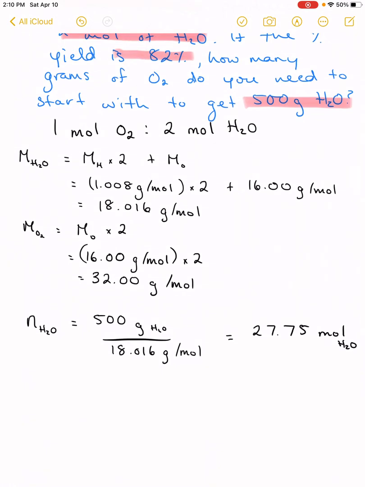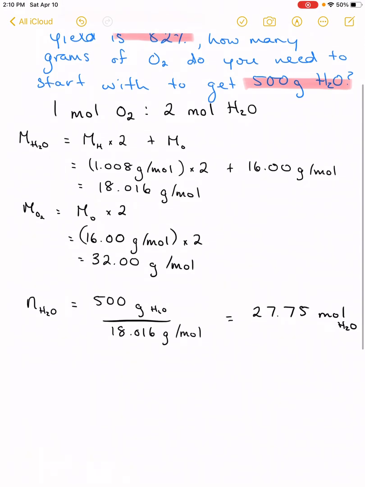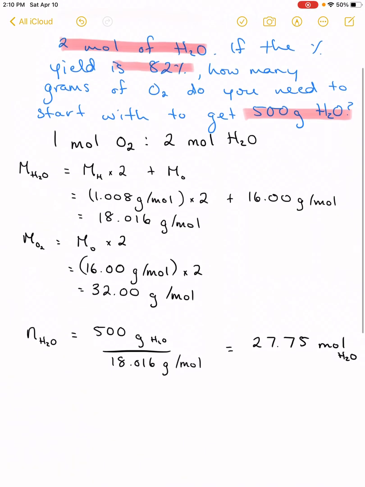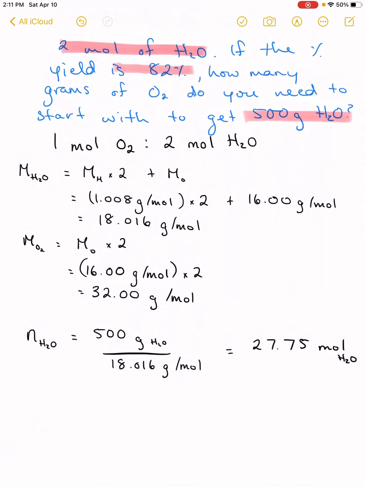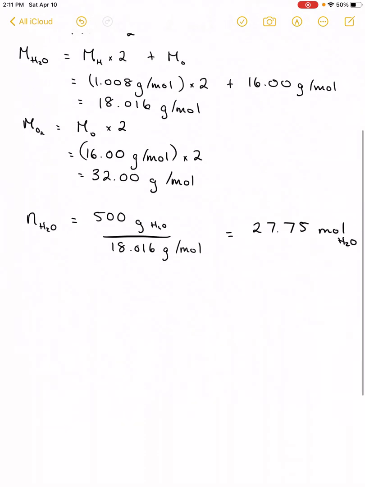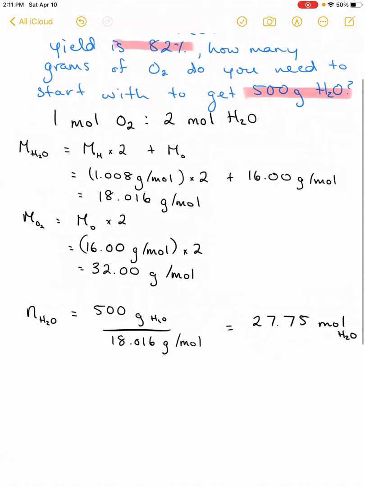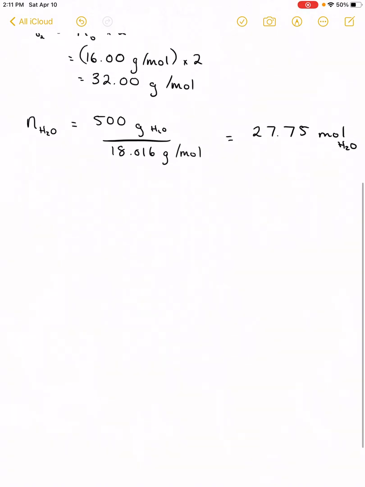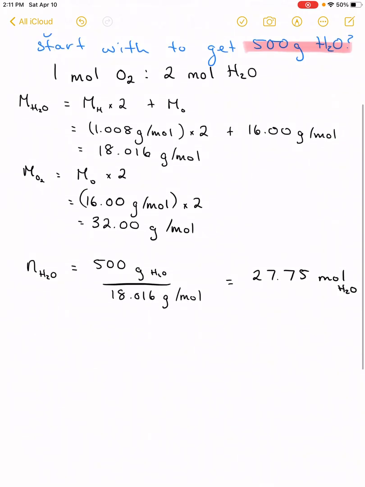One, you can use the molar ratio to find the amount of oxygen you need first in moles, and then divide by the percentage yield. Or you can divide by the percentage yield first, and then find the number of moles of oxygen you need. It doesn't matter which you do first, you'll get the same answer. So I'm going to convert to moles of oxygen first.